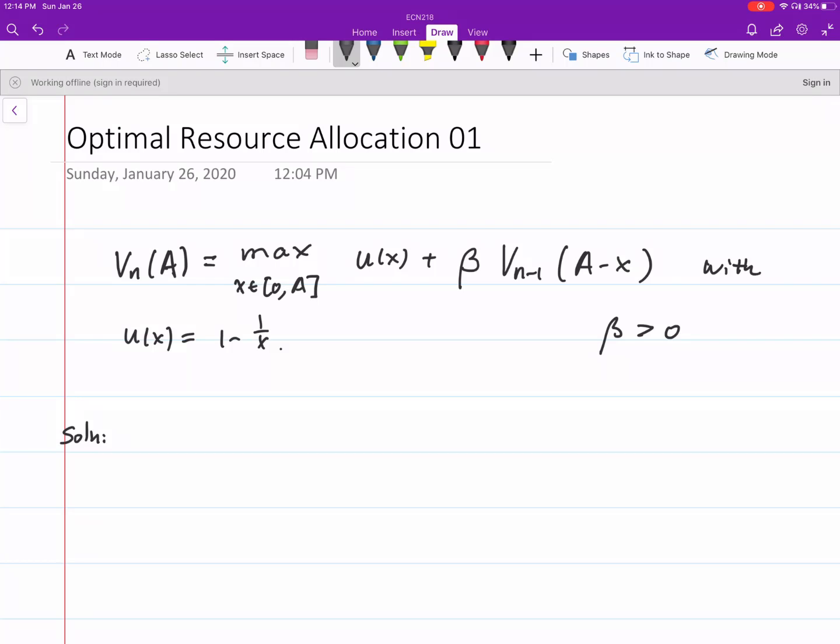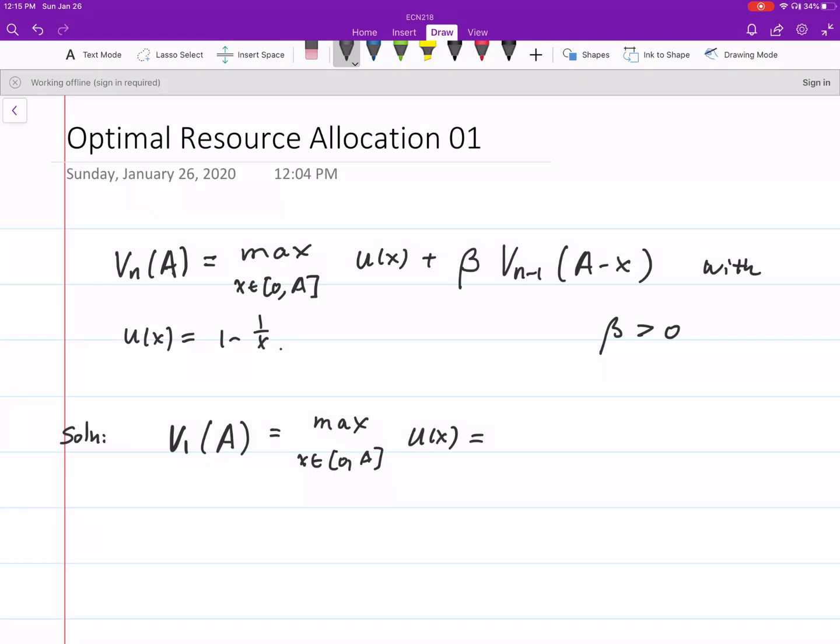So we say this is the resource allocation. If we have just one period, and we have a total amount of A, then this is going to be the maximum over x between 0 and A. We allocate x amount, and we try to find out what's going to be the maximum utility.